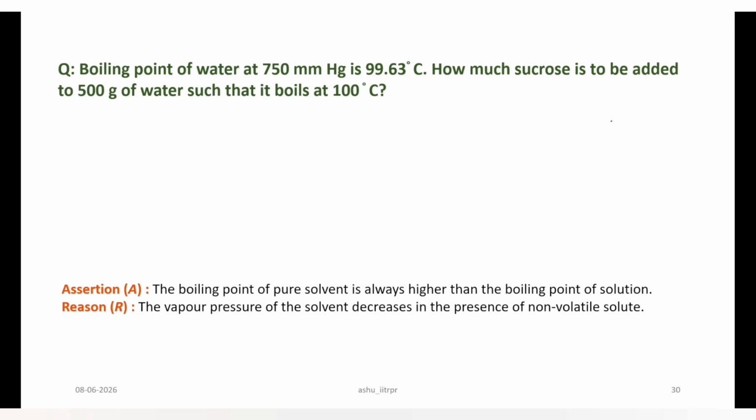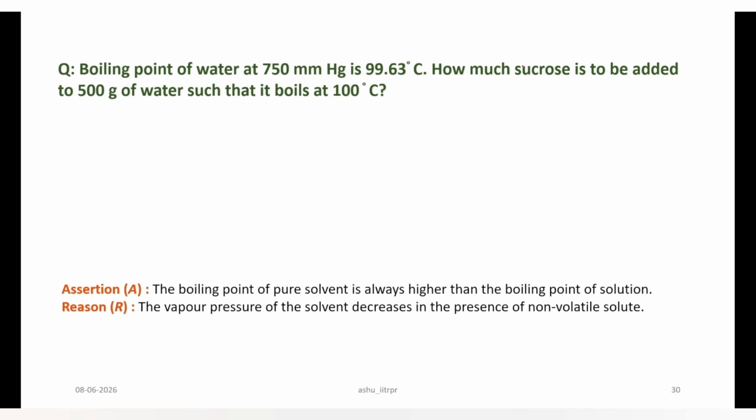Numerical one: the boiling point of water at 750 mmHg is 99.63 degrees Celsius. How much sucrose is to be added to 500 gram of water such that it boils at 100 degrees Celsius? So pure water at this pressure boils at 99.6 degrees Celsius. The question is how much sucrose is to be added to 500 gram of water so that it boils at 100 degrees Celsius.